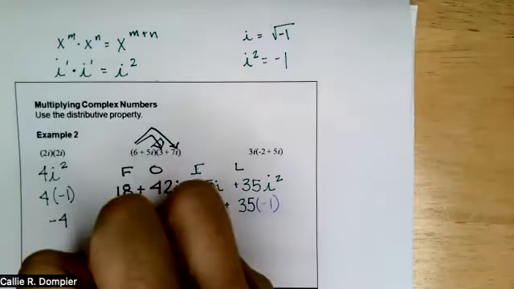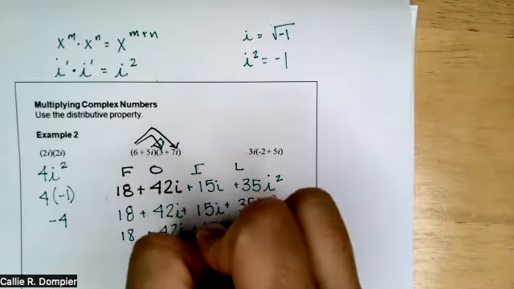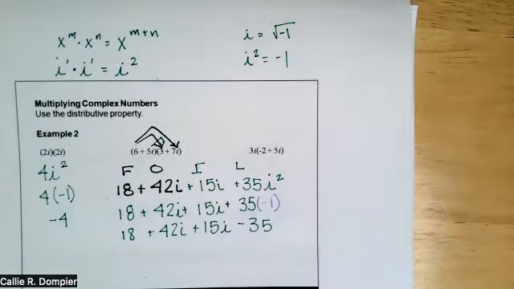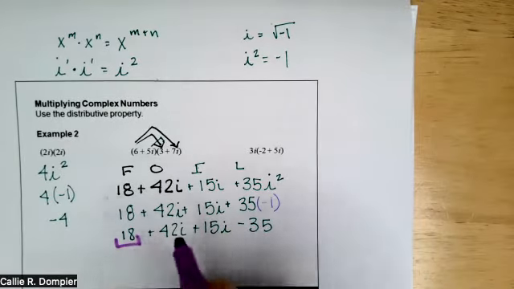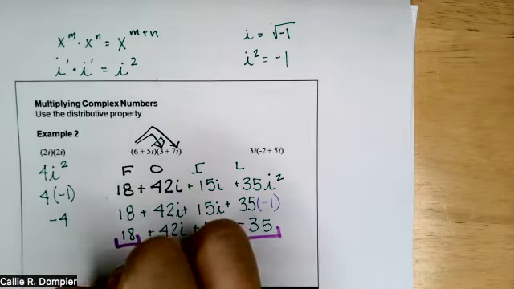Now I have 18 plus 42i plus 15i. Remember, don't write everything I write if you don't need to. If you are seeing a way to simplify this faster than I am simplifying it, go right ahead. Now we're just combining like terms. 18 minus 35 becomes -17.